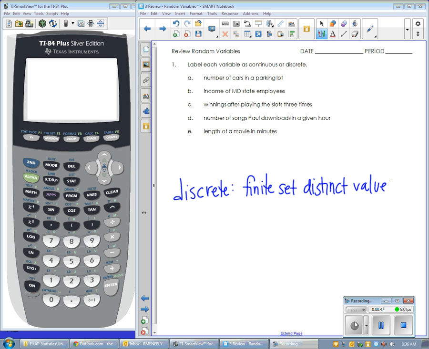Often with a discrete random variable, you can count them, so there are countable outcomes. With a continuous random variable, it's an infinite set. The outcomes are measurable.